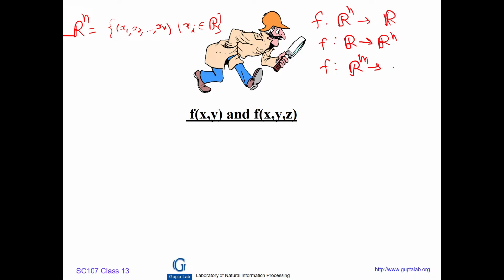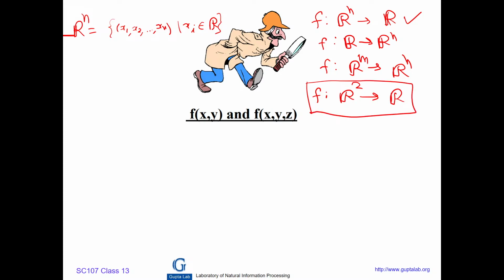I am only going to worry about this, and that too functions from R square to R. I am going to focus in this course only on these kinds of functions, right? 2 inputs, 1 output. So f of x comma y. I'll give you one example of 3 inputs and 1 output as well to give you some idea, but I will not discuss any more than that. Okay, so it's multivariable calculus.